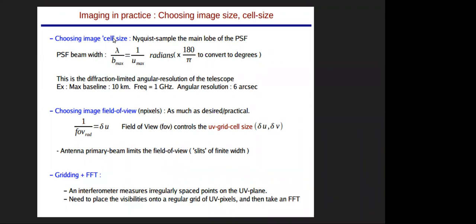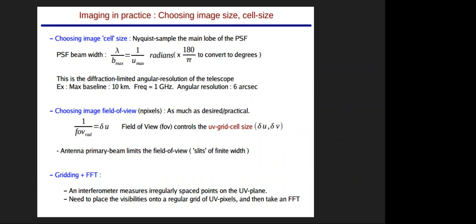However, the cell size should be chosen based on Nyquist sampling. You want to sample your PSF with different cells, and according to Nyquist sampling, you should sample it with more than two cells. So your cell size should be like that. First you estimate the PSF, and based on that you choose the cell size. That I will come to in my next slide. What should be the case for your data set?